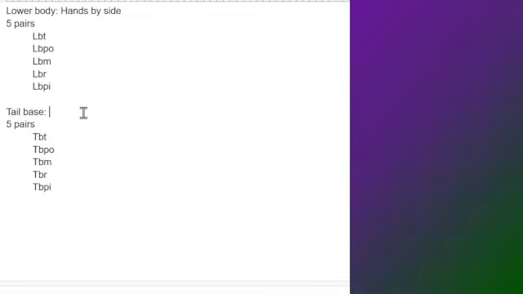Tail base. I might need to stand up to figure this out. I'm talking louder so you can hear me. So, head, upper body. What was lower body? Oh yeah, lower body was hands by side. Would tail just be like behind you?